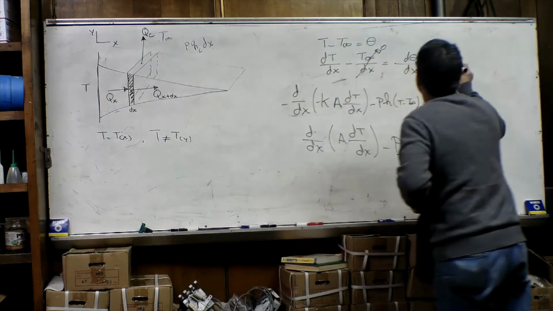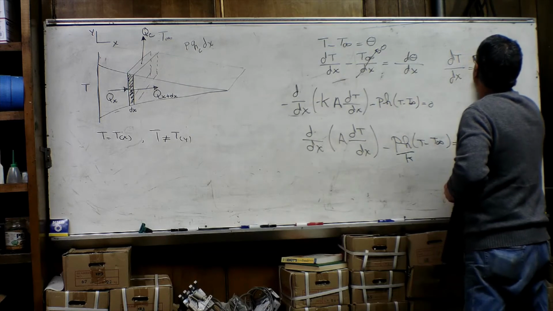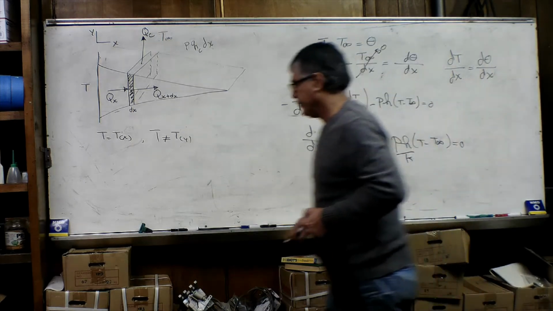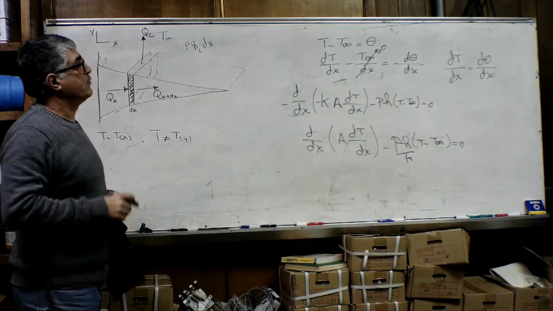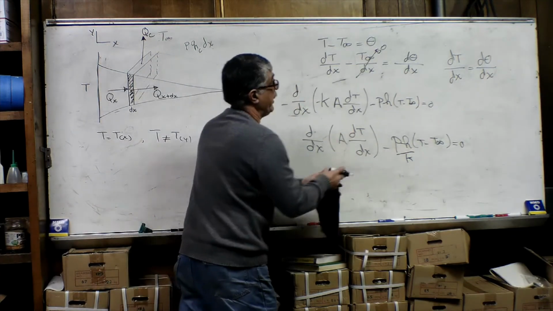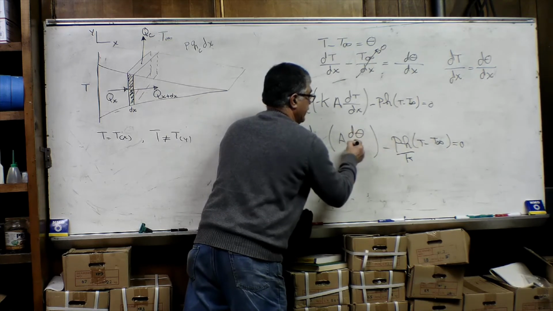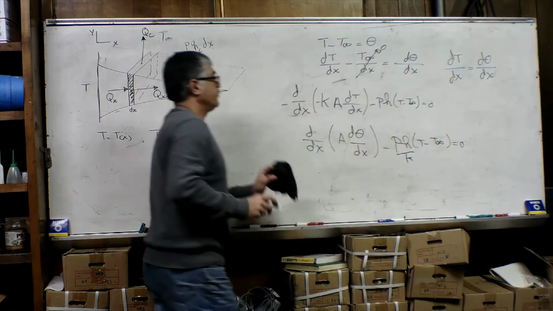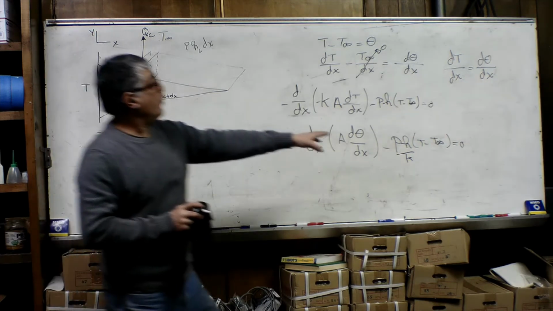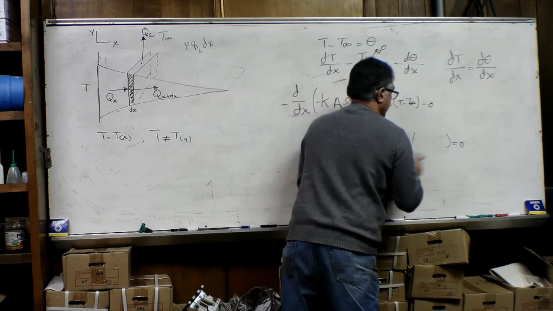That means our dT over dx will be equal to d theta over dx, and T minus T infinity, we assume, is theta.